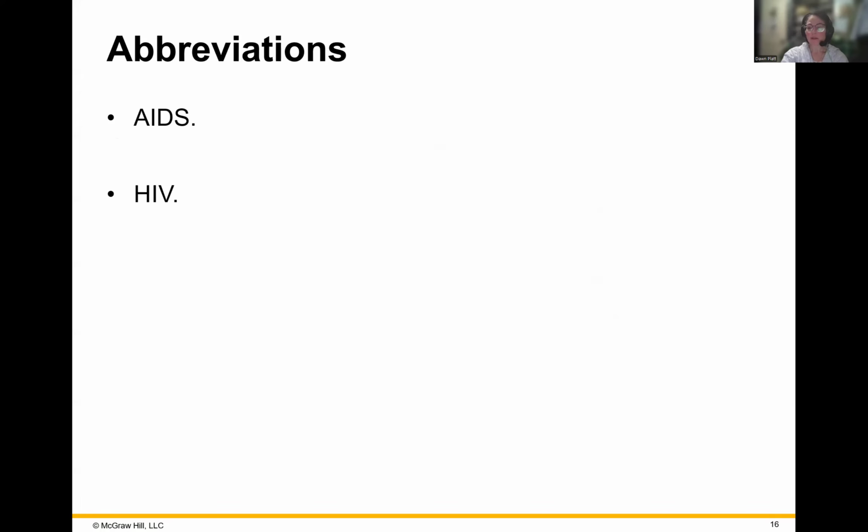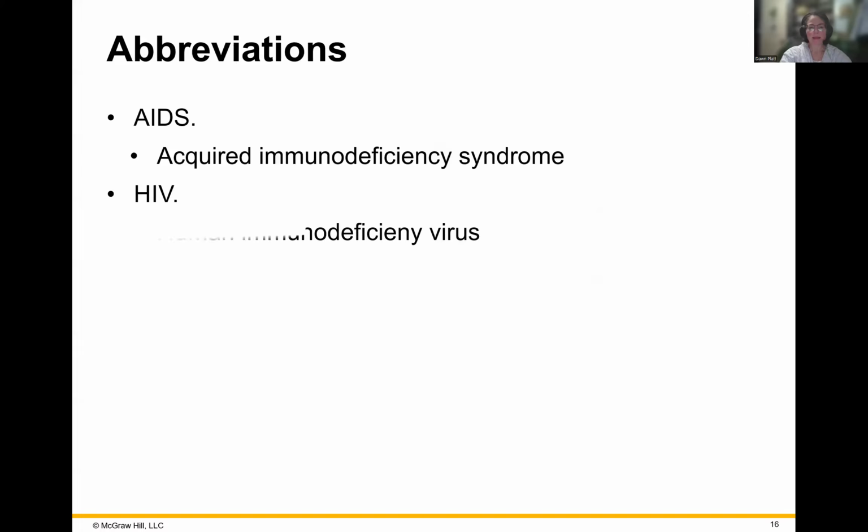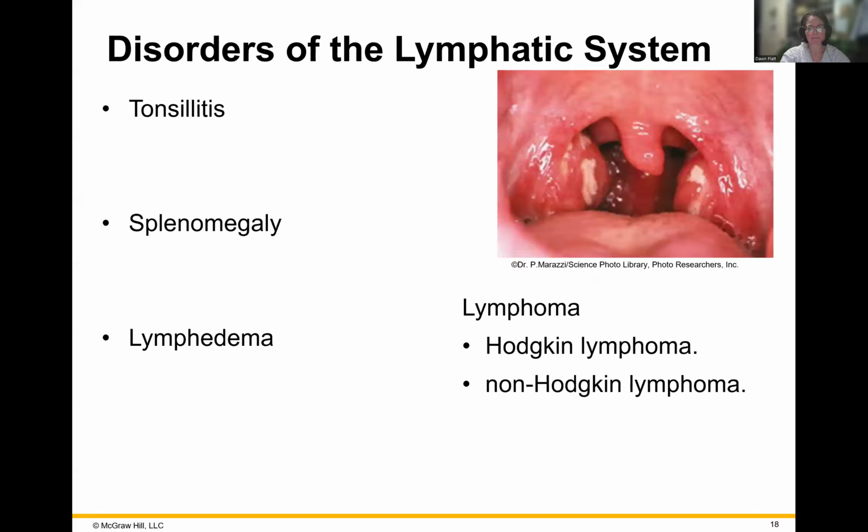Abbreviations. I'm sure everybody's heard of the abbreviations AIDS and HIV, what they stand for: acquired immunodeficiency syndrome and the human immunodeficiency virus. All right, disorders. Tonsillitis. Anybody out there ever had tonsillitis? I have, yes. If you look at it, we've got 2 L's in tonsillitis.